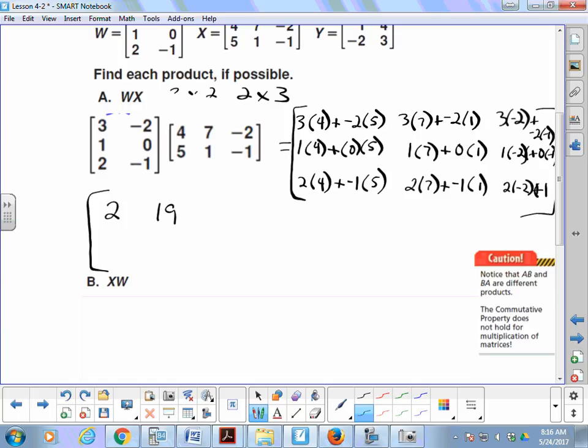Negative 6 plus 2 is negative 4. Four plus 0 is 4. 7 plus 0 is 7. And negative 2 plus 0 is negative 2.